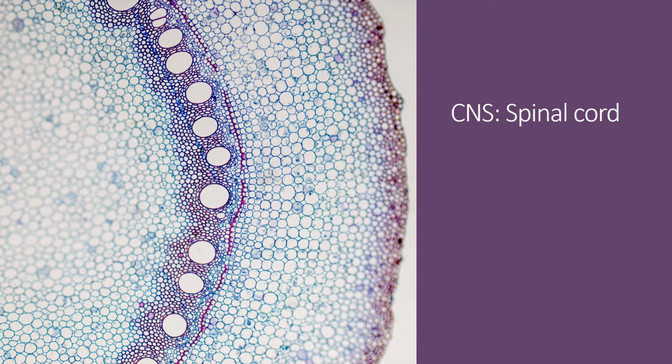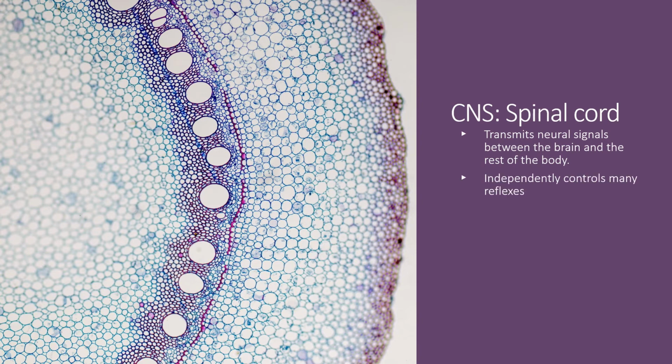As we talked about, we have the central nervous system, which is one division of the overall nervous system. The nervous system can be divided into the central and peripheral nervous systems. The central nervous system is comprised of the brain and the spinal cord. Some of the spinal cord functions include transmitting neural signals between the brain and the rest of the body, also independently controlling many different reflexes.